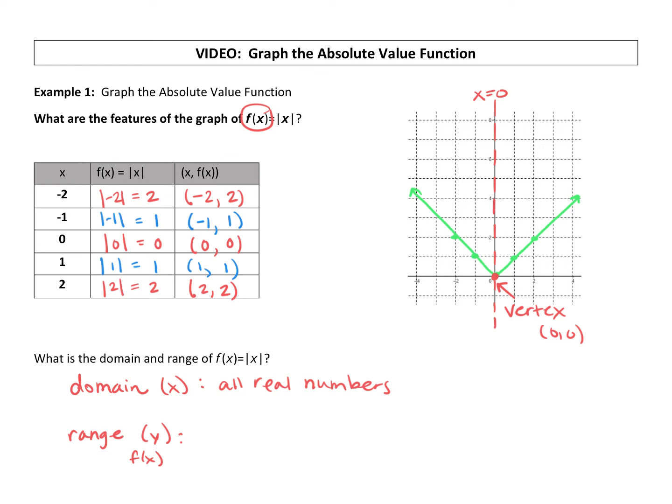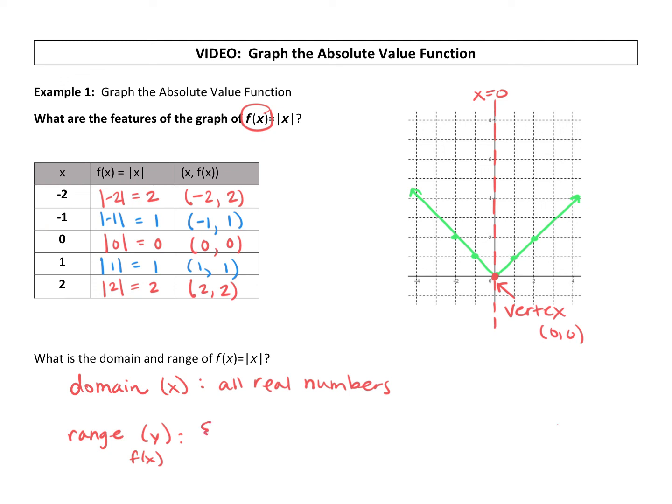But with our parent function, this V shape, it's never going to come down here and hit these negative y values. So the way that we write this, basically your range is going to be 0 and all of your positive numbers. Your range just won't be negative. So we can write this in a notation that looks like this.